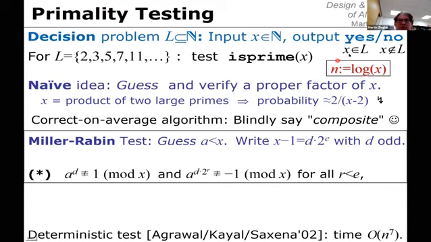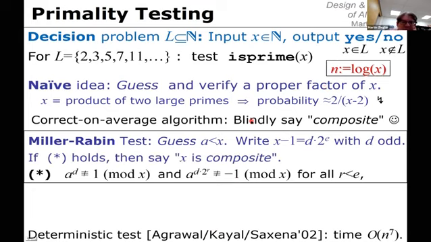And the mathematical theorem says: if this property holds, then x is a composite number. That's a theorem from number theory. We're not going to prove that theorem, but we're just going to use it in the design of the Miller-Rabin test, which says if this property holds, then we can correctly claim that x is a composite number.